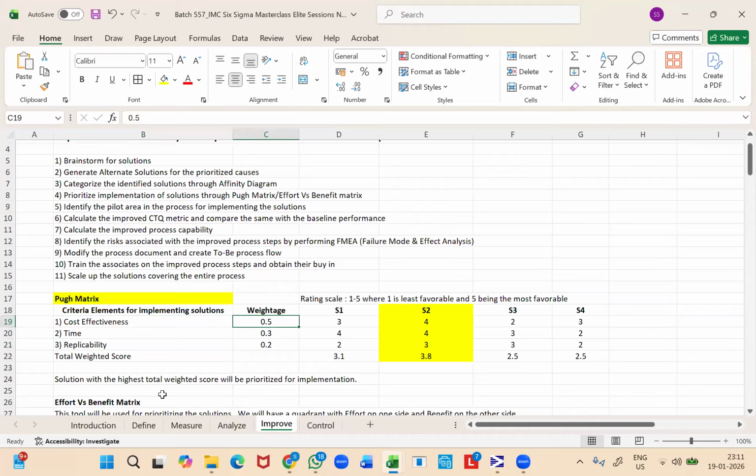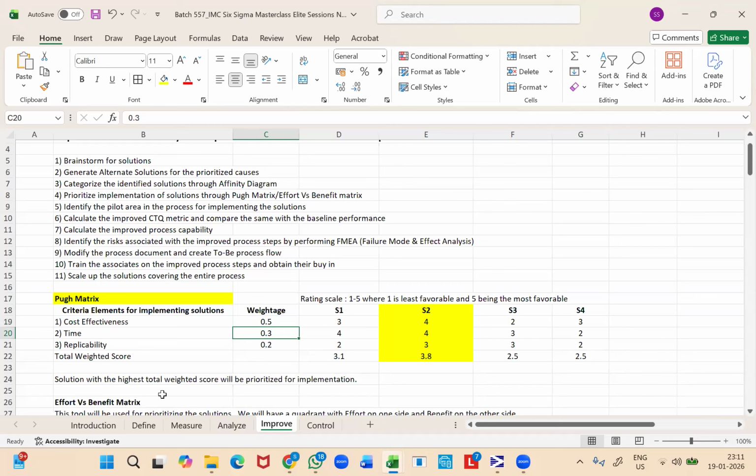So I am giving a weightage of 50% for cost effectiveness. In terms of decimals, it will be 0.5, right? And for me, the next important criteria will be the timeline for implementing the solution. So I'm giving 30% weightage for that. And then the third one obviously will be replicability, wherein I will give the balance 20% weightage for replicability.